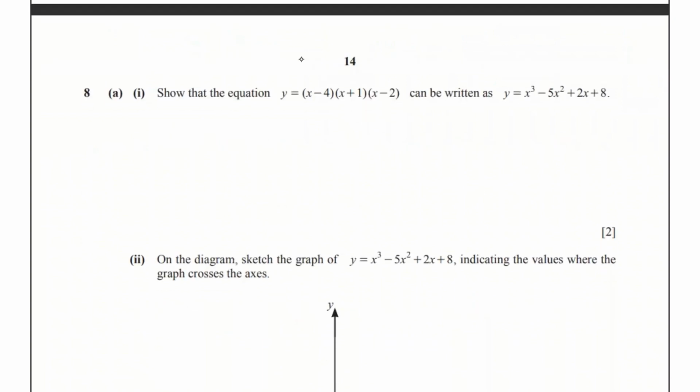Okay, show that the equation y equals x minus 4 into x plus 1 into x minus 2 can be written as y equals x cube minus 5x square plus 2x plus 8. So in short, we have to convert this into this, so we are going to simplify it.